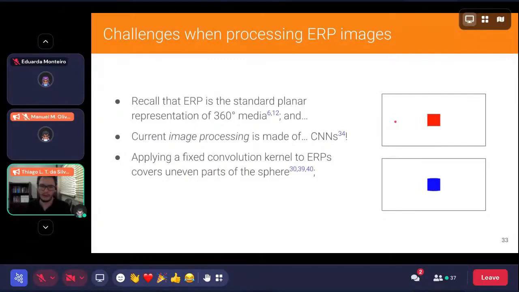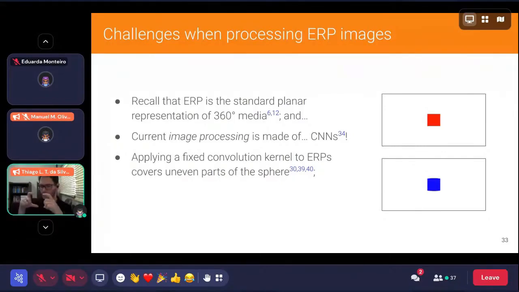When we apply this kind of convolutional kernel to our images, they cover uneven parts of the sphere. If we are sliding a kernel window on the center of our rectangular image, we will cover one portion of the sphere if we map this kind of processing to the sphere.